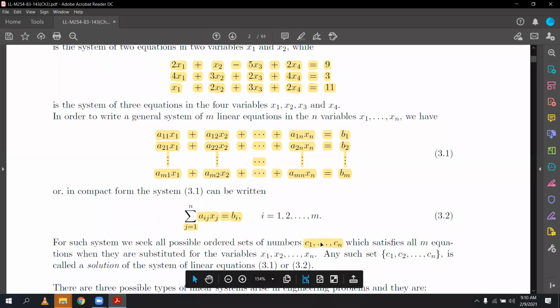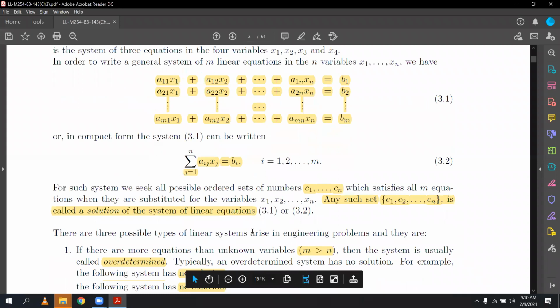When we have this set of numbers and put it back into the system, and the left and right sides are the same, then we call all C1, C2, up to Cn the solution of the linear system we have here.